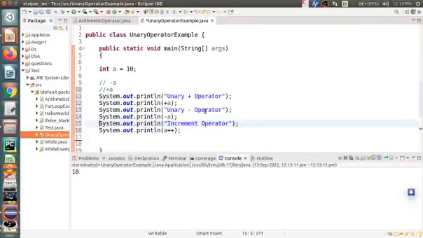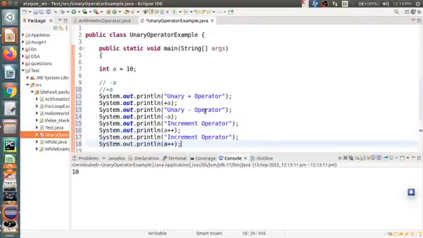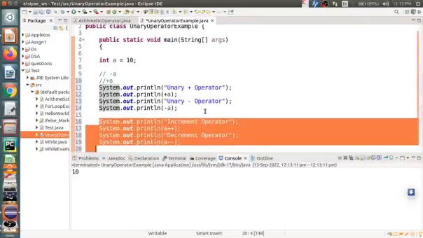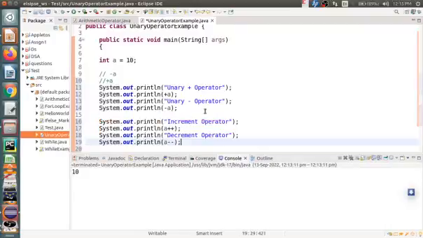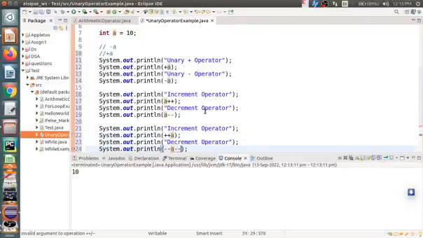And similarly you can write the decrement operator, and another expression we can write: plus plus a or minus minus a.